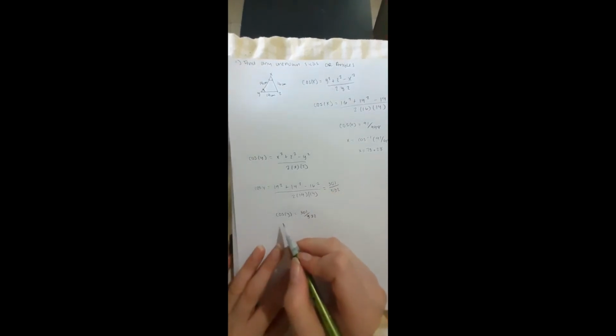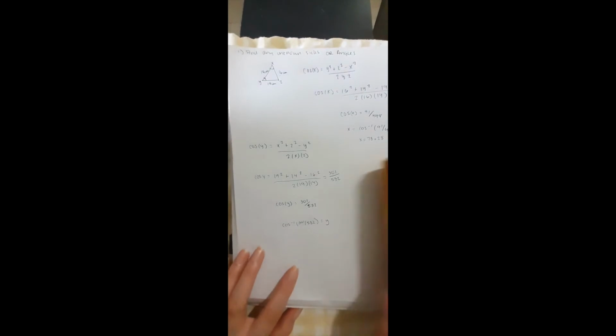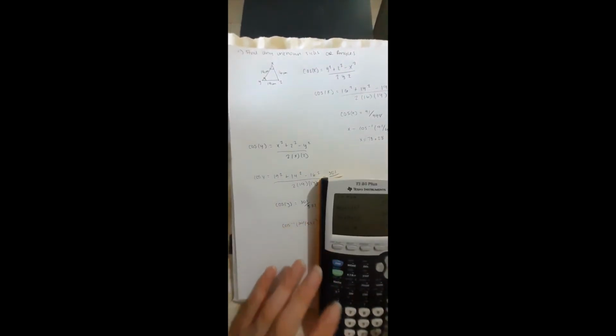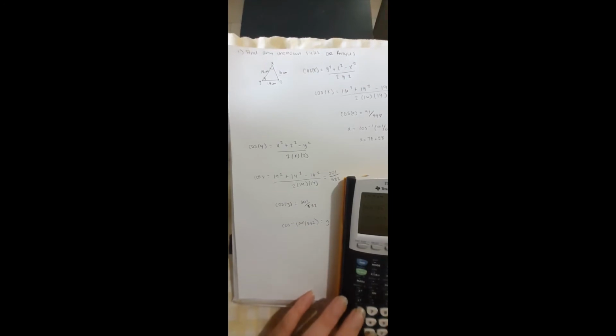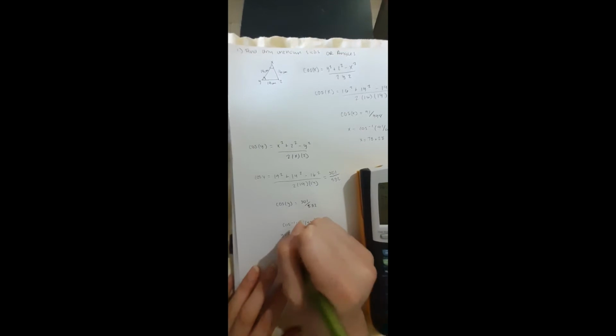But since we're trying to find y, we have to do the inverse of cosine. So inverse cosine of 301 over 532, and we get that y equals 55.54.